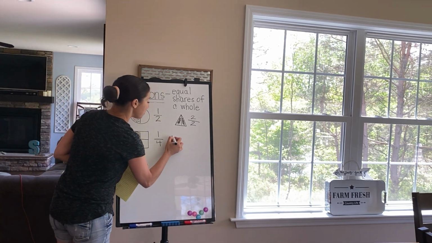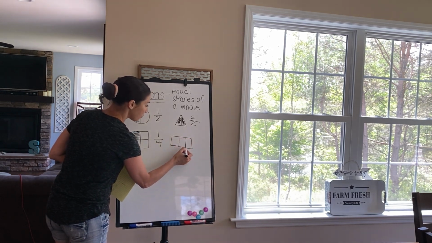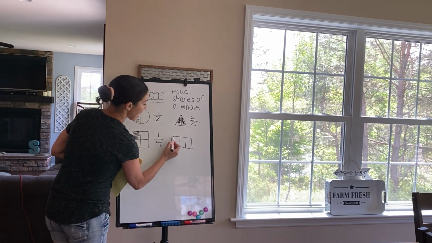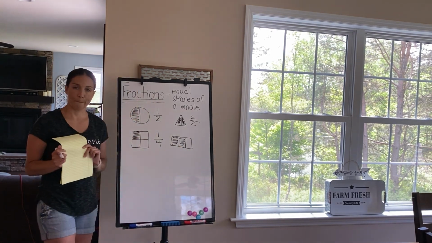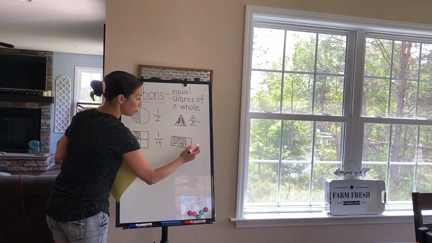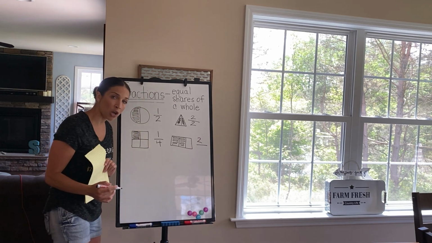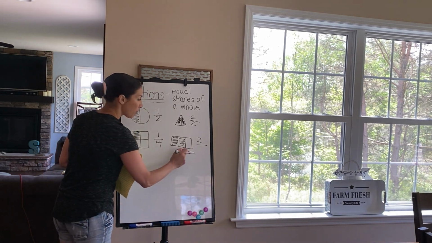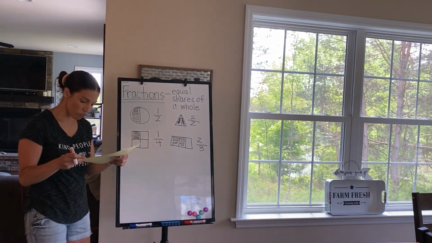All right, how about this one? Here's a rectangle. And I have that. So how many pieces are shaded? 1, 2, so that's my top number. Over, how many total pieces are there? 1, 2, 3. So 2/3 would be shaded, okay?